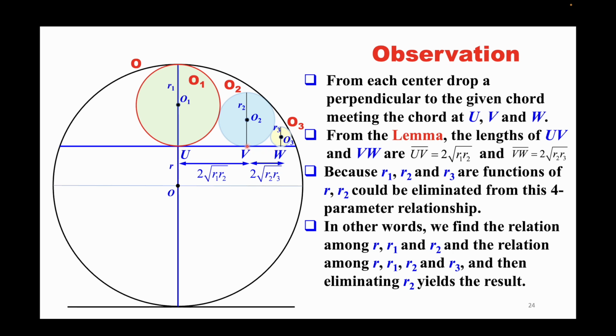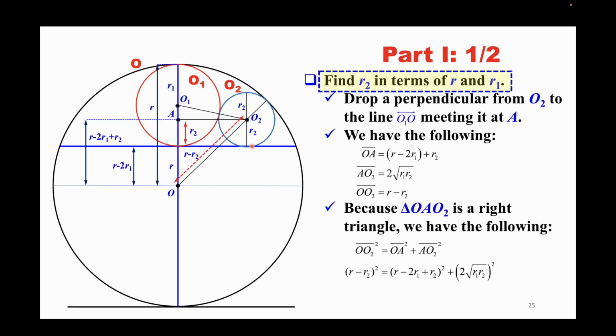By the same reason, the distance between V and W is 2 times the square root of the product of R2 and R3. So what we're going to do is find relations among R, R1, R2, and R3. Eventually, we eliminate R2 from this relation. As a result, we are able to find R.